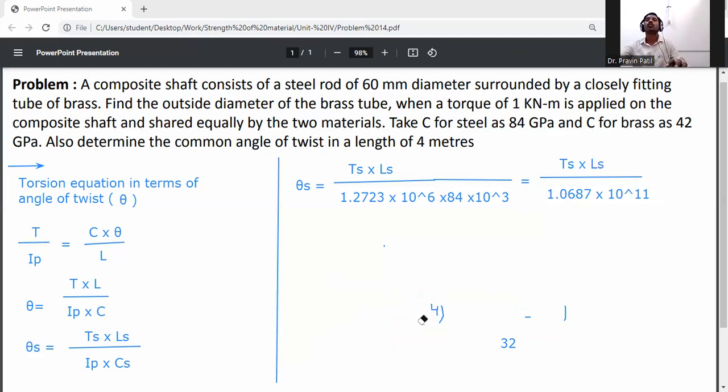Now theta B, similarly calculate theta B, sorry, angle of twist for brass. So it will be TB into LB, the torsion shear by brass, that is TB.